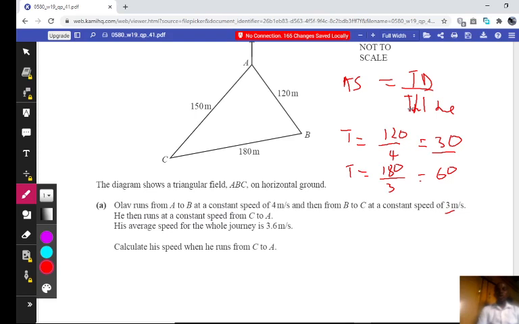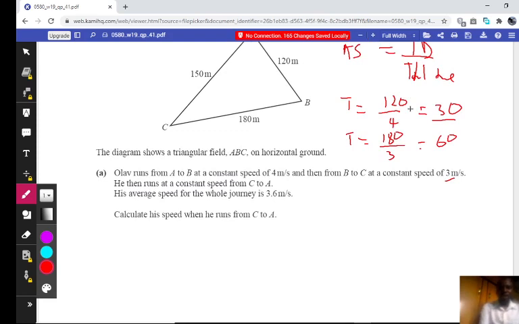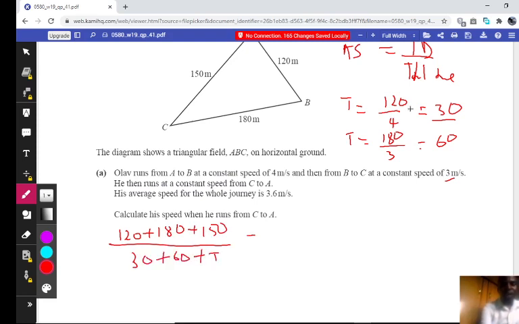Then the other one, we don't know the time. We just call it T. So you have 30 and 60. Let me write it down here. So the distance you say 120 plus 180 plus 150 over the time, 30 plus 60 plus T, is equal to 3.6.